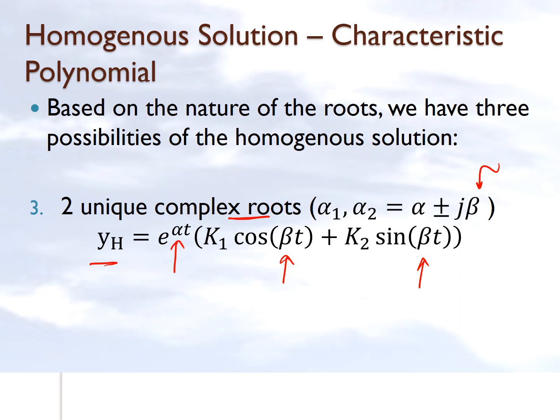So knowing the roots of the characteristic polynomial would guide us to one of three possibilities for the solution of the homogeneous part. Each possibility has constants k1 and k2, which can be obtained using the initial condition, as we are going to see in the next video.